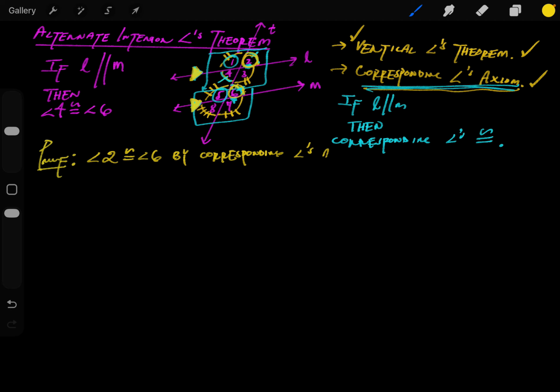Then you can say that 2 is the same as 4. Why? Because they're vertical, so by the vertical angles theorem.